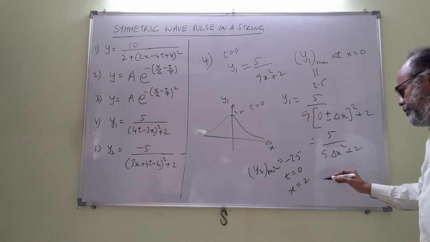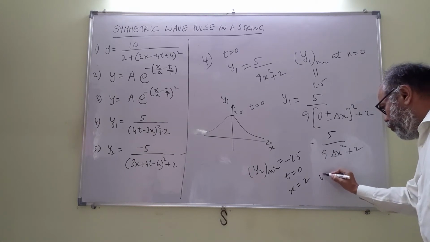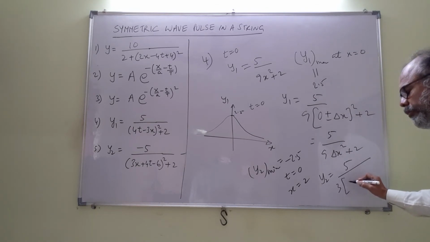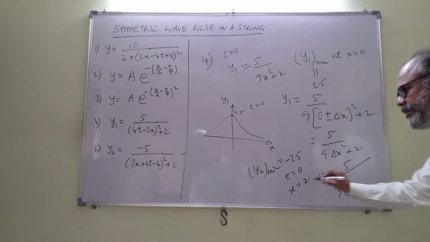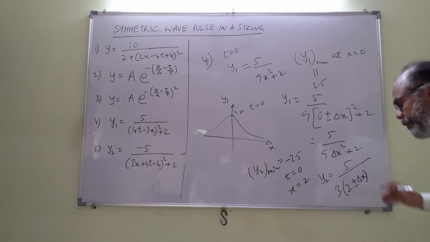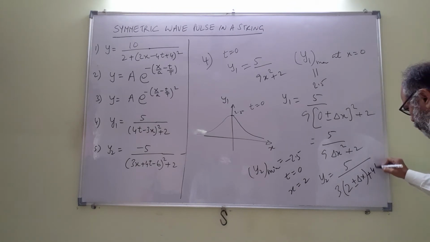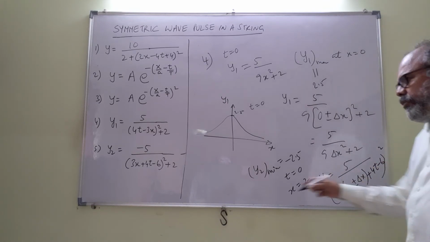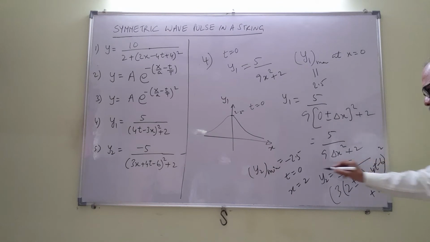Now let us check whether it is symmetric or not. y2 is equal to minus 5 by 3 into x is 2 plus minus delta x, the whole square, plus 4t minus 6, the whole square, plus 2. Now t is 0, because I have taken instant t equals 0.